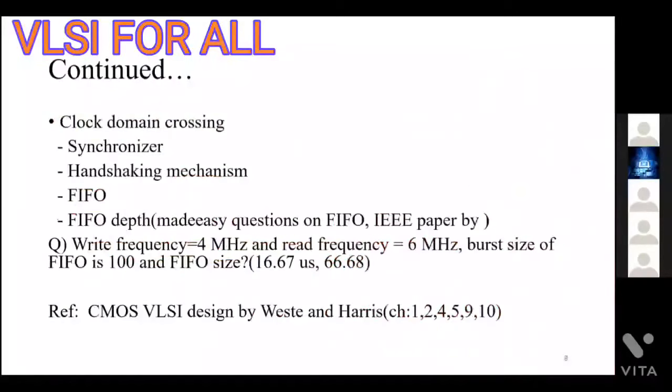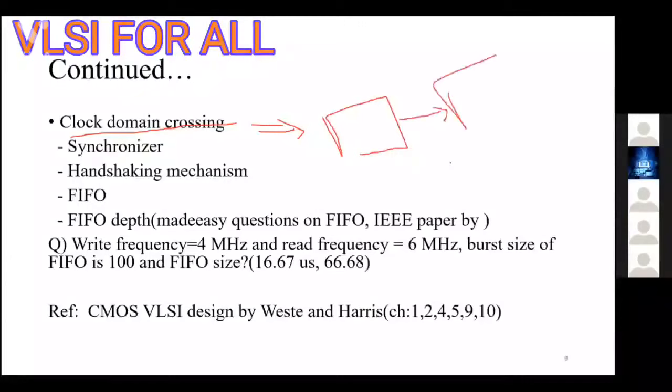Okay. And there is also a concept called clock domain crossing. Like when there are two clocks operating in two separate domains, like there is no relation between the two clocks, there is no phase relation and anything. When data in one clock domain is sent to the other clock domain, then there is a chance of metastability, like I have said before.